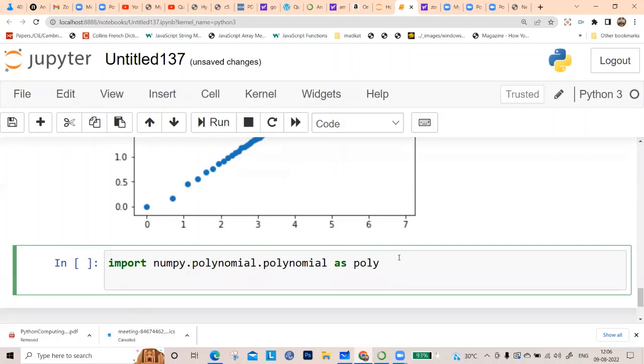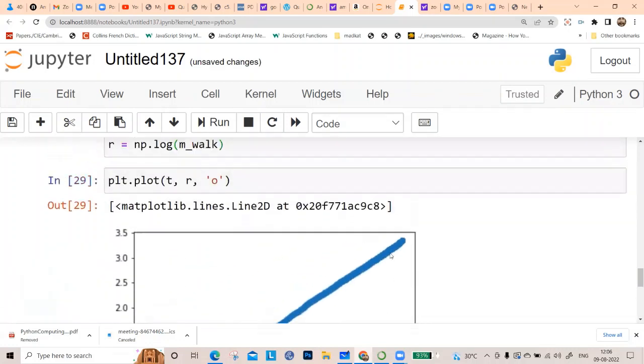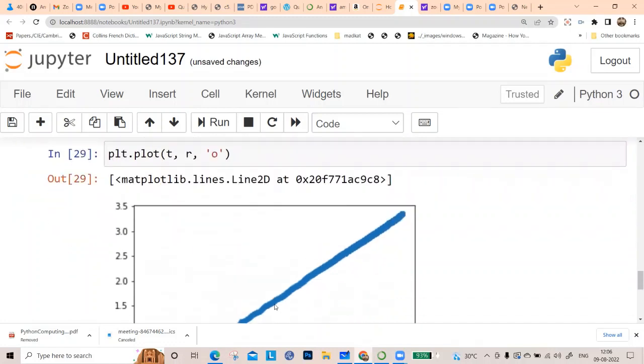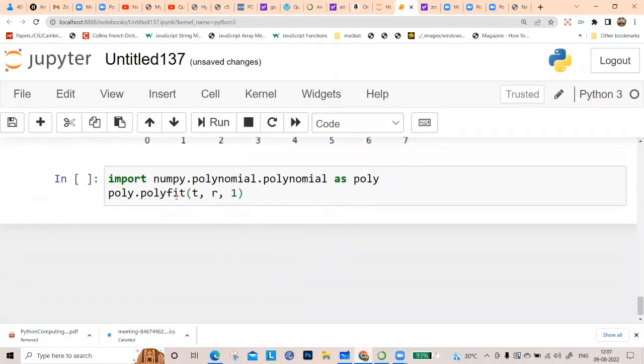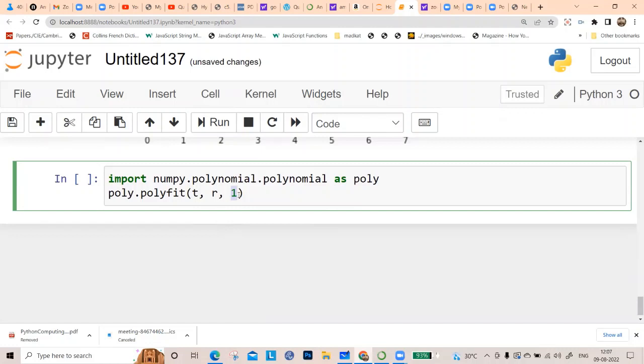And then I write poly dot polyfit. The function is polyfit. If I put t comma r, and 1, since we have already taken log and it is a straight line, it is a polyfit with polynomial of order 1. That means a straight line, y equal to mx plus c, or y equal to ax plus b, whatever way you write. Okay, so now this is polyfit.